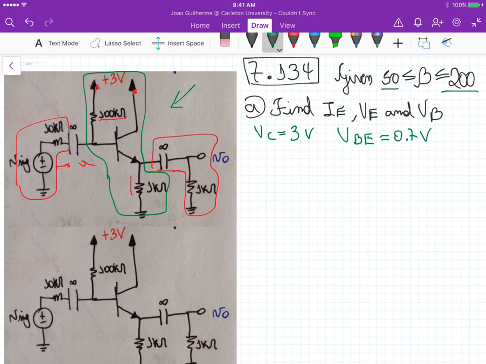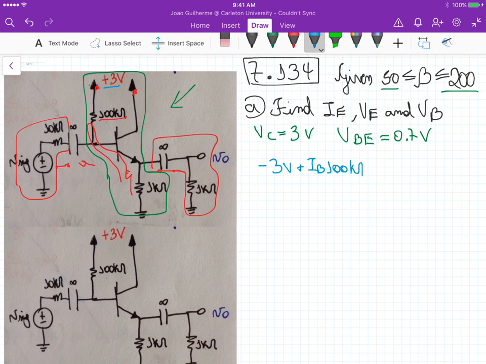Okay, now from that we can apply a loop analysis at the base. So basically here, we go up there and then go back here. So we start with -3 volts from this voltage source, plus IB times 100K ohm.